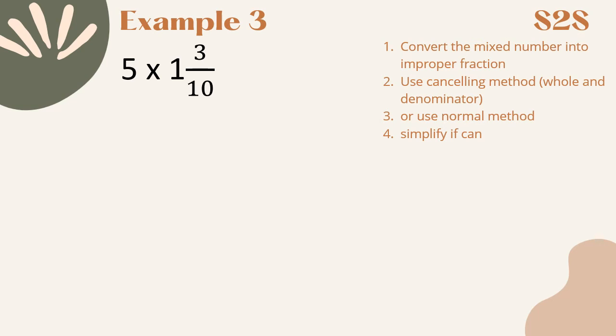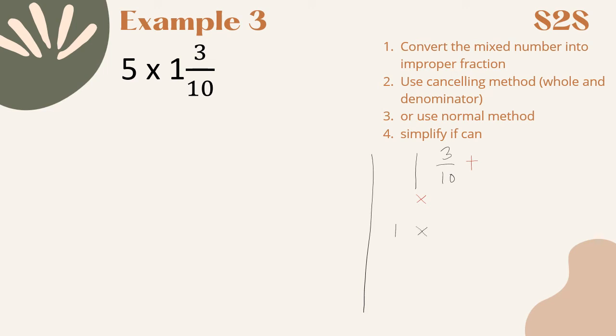Example 3, 5 times 1 whole 3 out of 10. Step 1, convert the mixed number into an improper fraction. So the mixed number is 1 whole 3 out of 10. Converting it to an improper fraction, you use the clock method where you multiply and then you plus.